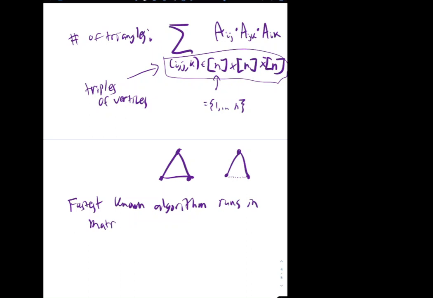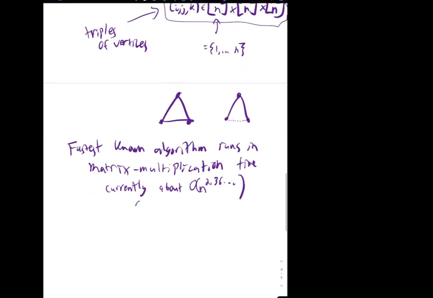I'll say more about this later, but it runs in matrix multiplication time, which we discussed when we covered Freivalds' algorithm. Currently, the best known algorithm to multiply matrices is something like n to the 2.3-something, I don't quite remember. But the point is it's superlinear in the input size. The input size here is n squared.